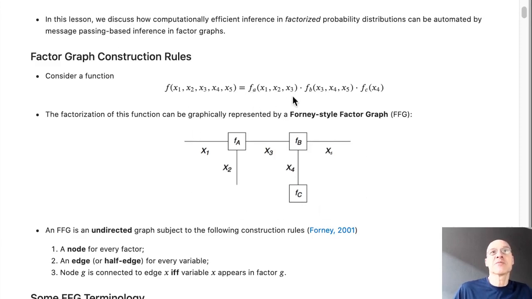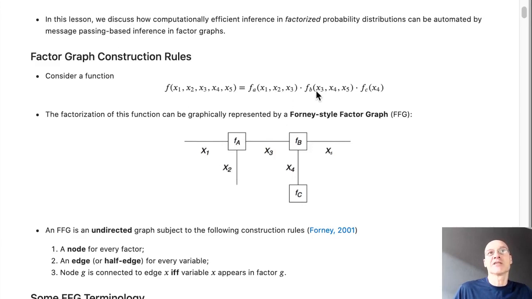And how do we represent it like this? Each factor, each function gets a node. Each variable, x1, x2, x3, gets an edge. And an edge is connected to a node if the corresponding variable is an argument in the function of that node. So in other words, fa is a function of x1, x2, x3, and therefore fa connects to the edges x1, x2, x3.